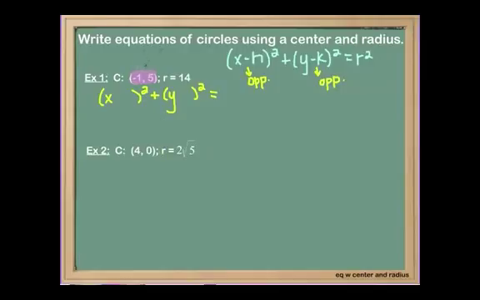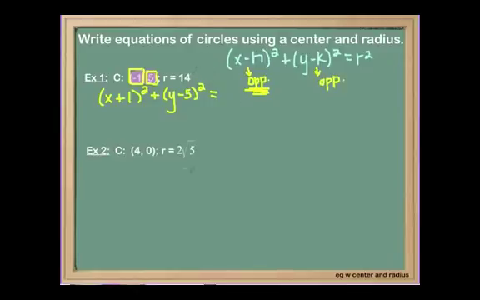Well, if you look, my x value here is -1. But remember, we want the opposite. So instead of x minus 1, I'm going to have x plus 1. Same goes for y. My y value is a +5. Well, instead of having y plus 5, I'm going to want y minus 5.